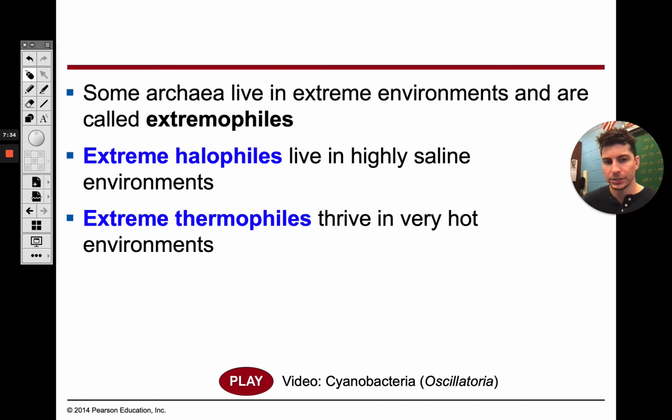Because if there's a lot of salt in there, obviously the environment would be hypertonic to the archaea, which would be hypotonic. So what happens here is they naturally produce, in order to live in this hypertonic environment, a salt-like product in their body in order to counteract that high salt environment, that high hypertonic environment, and that allows them to be fine.